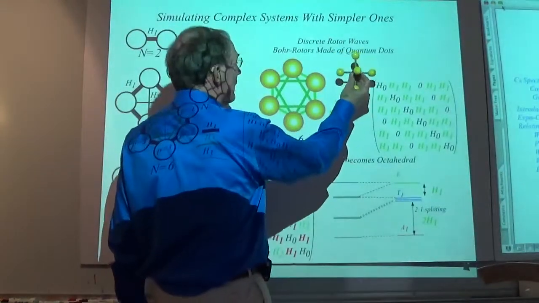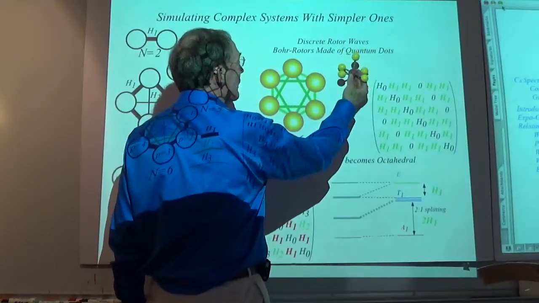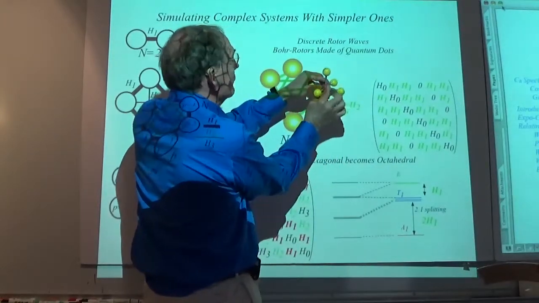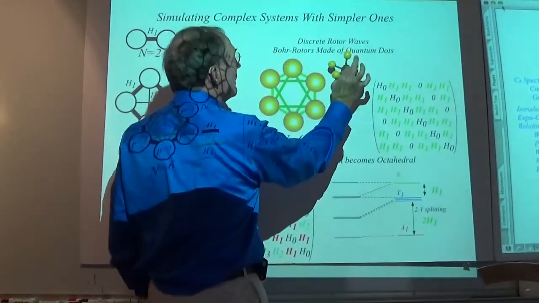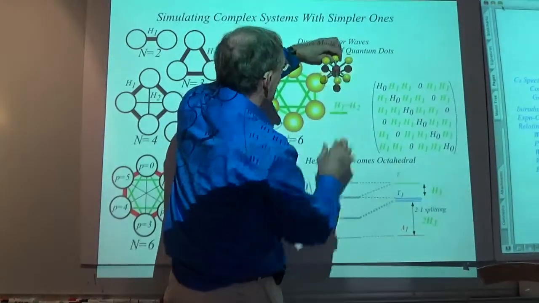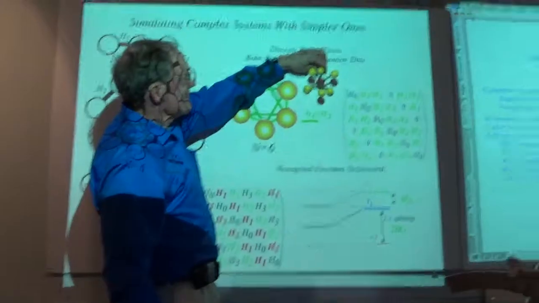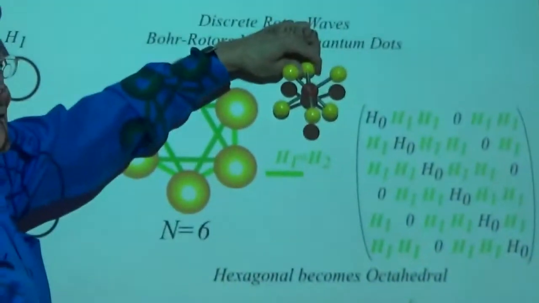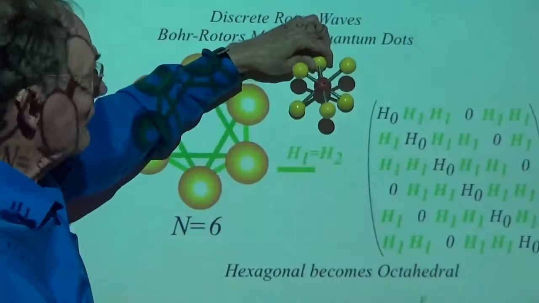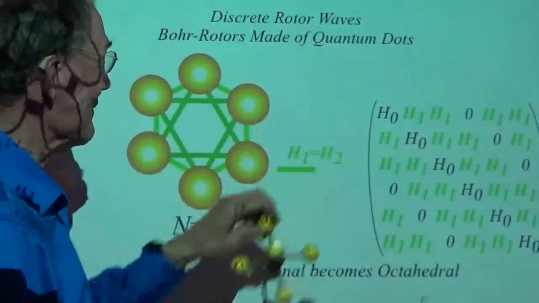You can either look at it on the 4-fold side, or you can look at it on the 3-fold side, right? See the shadow? Try to keep my hands out of there. You see the shadow? Hexagon, right? Okay? That's right. You've got to get it at the 1, 1, 1 direction, right?